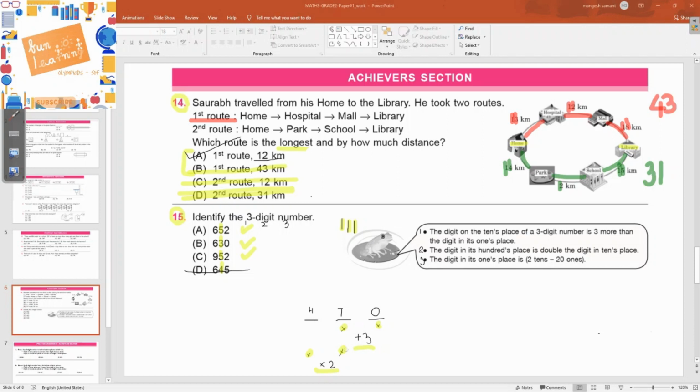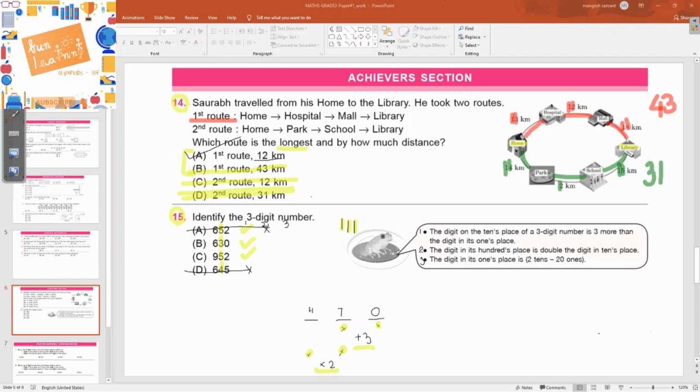So the hundreds place digit is 2 times the tens place digit. So let's look at it. The hundreds place digit is 6 and the tens place digit is 5. Is it 2 times 5? No. So let's cancel this option because it failed the second statement.